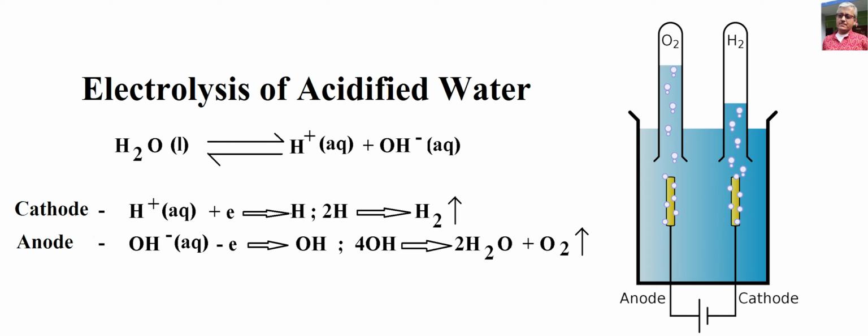The cation, hydrogen ion, goes to cathode and takes one electron to produce a hydrogen atom. Then two hydrogen atoms combine together to form a hydrogen gas molecule there.